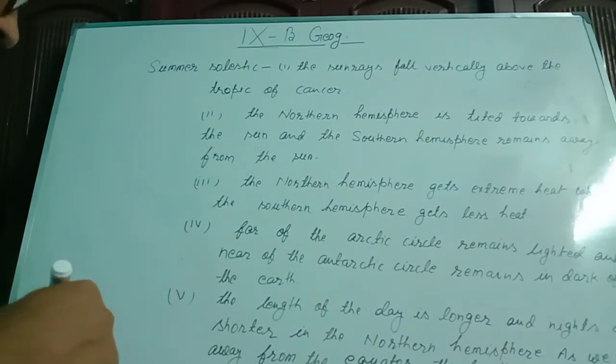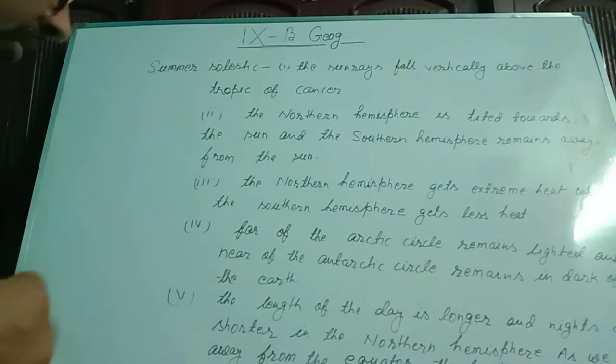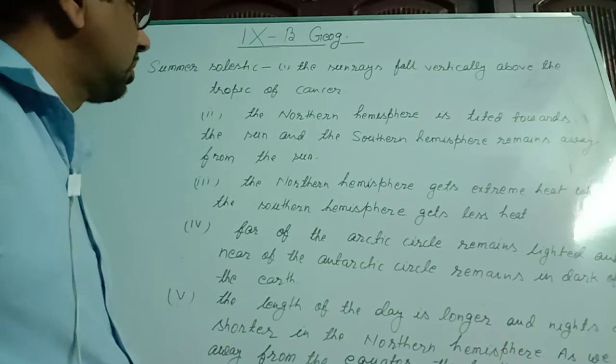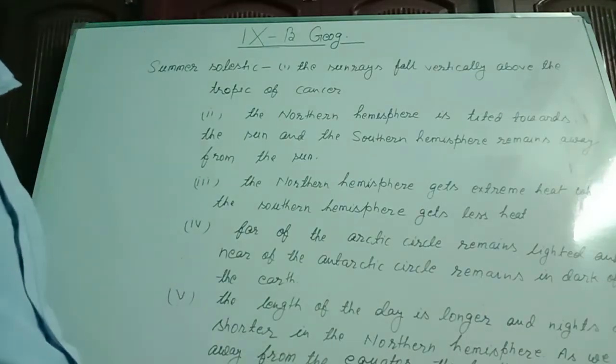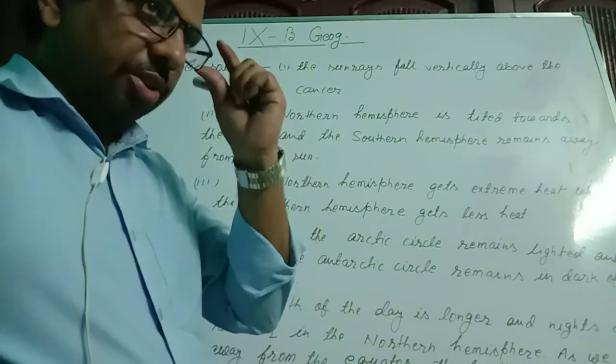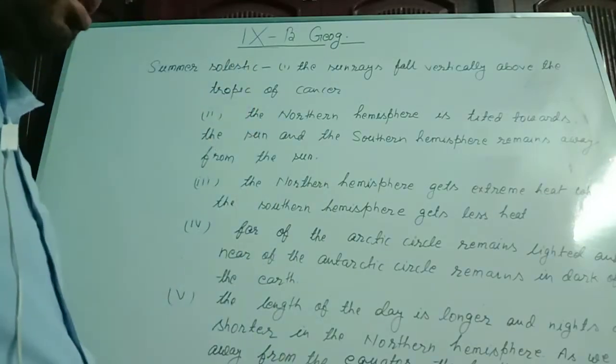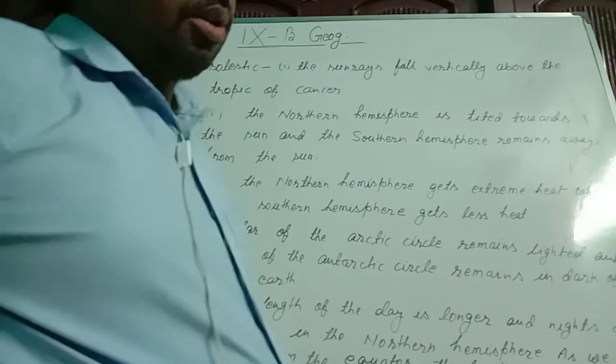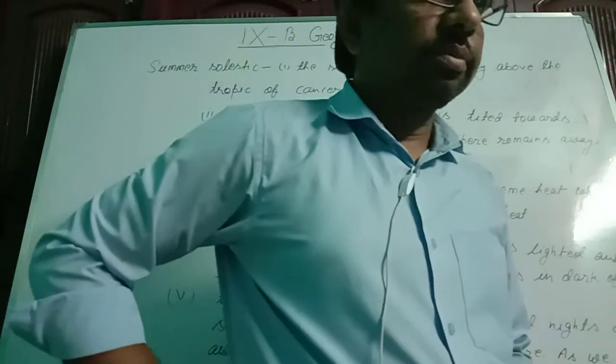So these 5 characteristics I repeat about the summer solstice. You know the date of summer solstice is 22nd June. On this date, the sun rays fall vertically above the Tropic of Cancer.